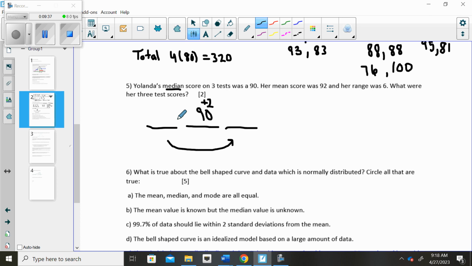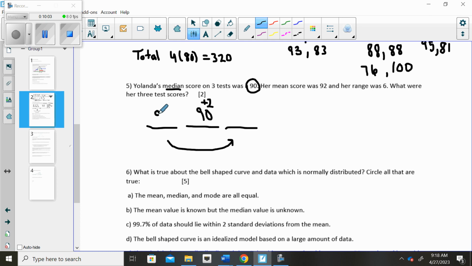Okay, so if I tried guessing, like I realized if I put a 92 here, then that would give an extra 2 points, but then I need something 6 points lower. Okay, and the average has to be a 90. Okay, so I need something higher here than a 92.